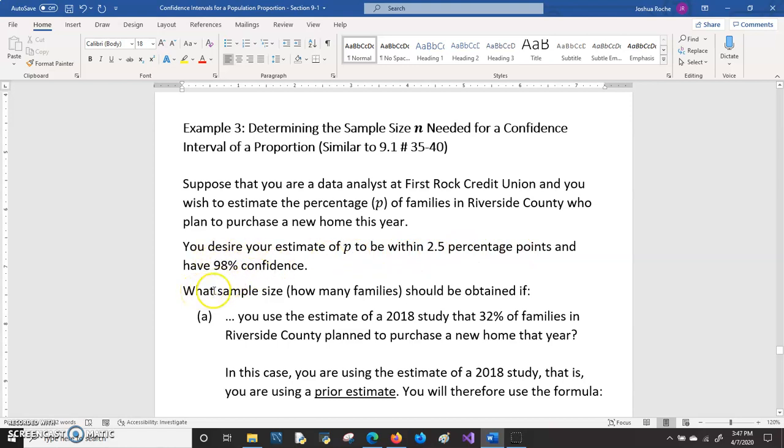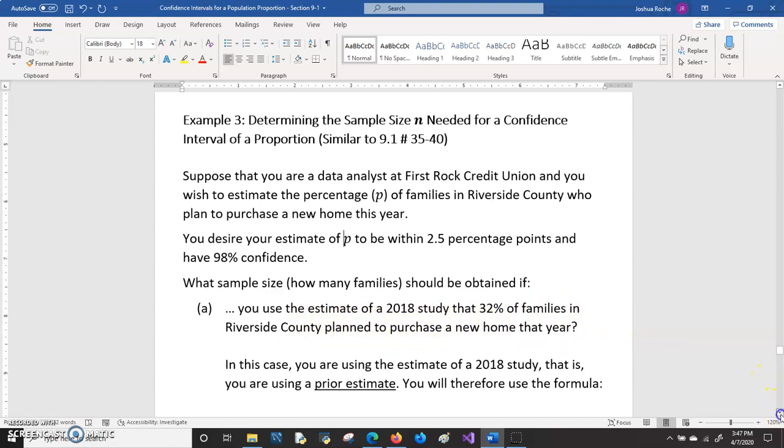The question is, what sample size, in other words, how many families should be obtained in your sample if, in part A, you use the estimate of a 2018 study that 32% of families in Riverside County plan to purchase a new home that year.